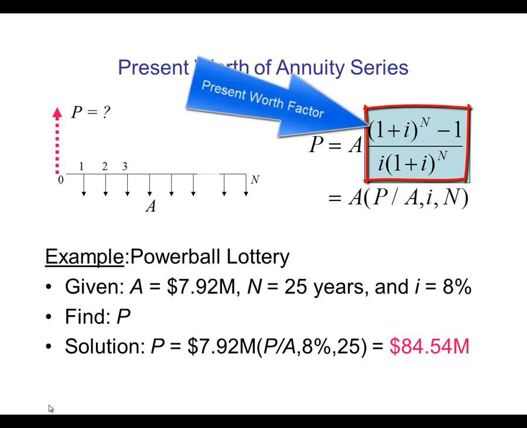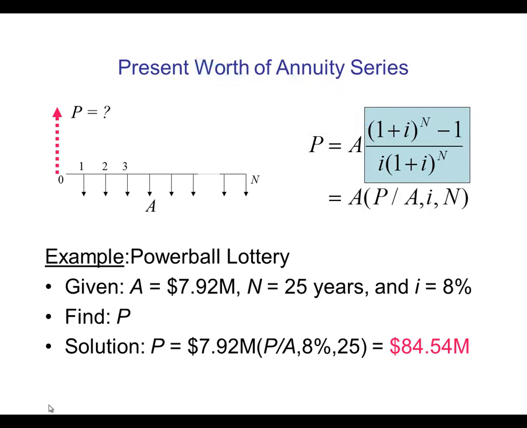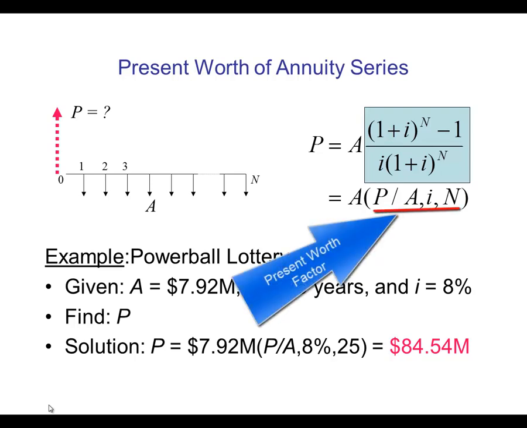And we use either the formula P is equal to A multiplied by (1 plus I to the power n minus 1) divided by (I multiplied by 1 plus I to the power n), or we can use the factor, which is in this case written as P given A with the interest rate I and a number of periods n.